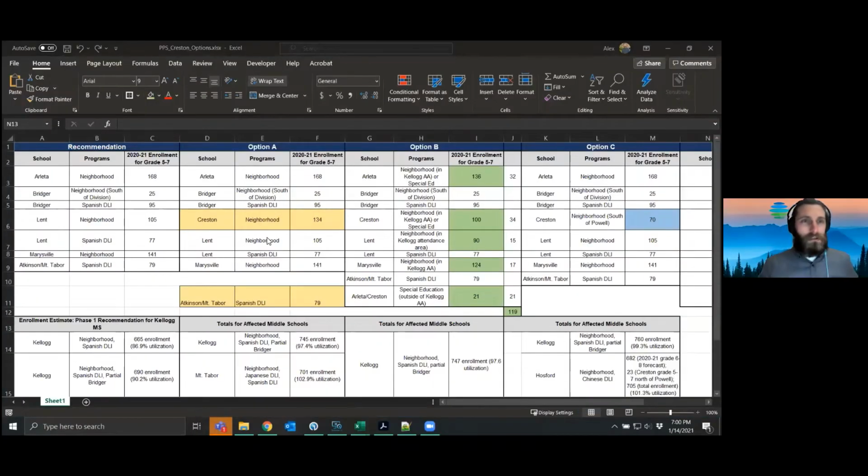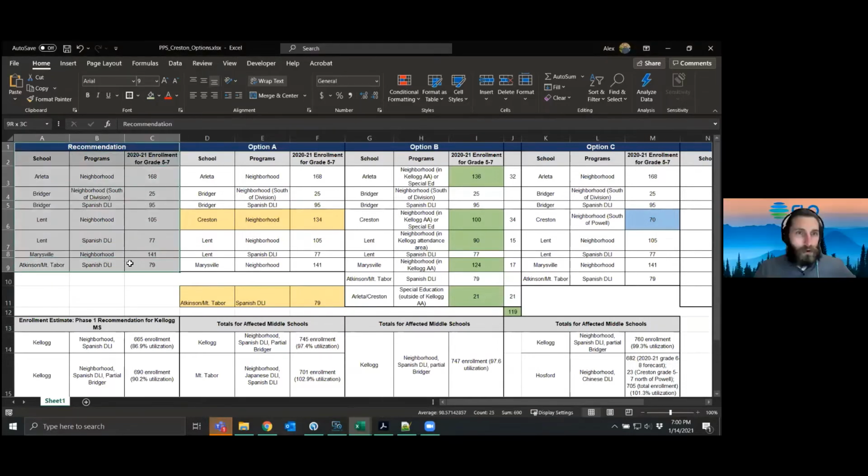All right. This is a combination of what was in the presentation, but all in one spot, so we can look at it. You guys can see my screen? Yes. Okay, great. This is the first part of the recommendation, and we have the same line items with the 2020 enrollment for grades 5 through 7. For simplicity and comparison's sake, I highlighted things that are changing.